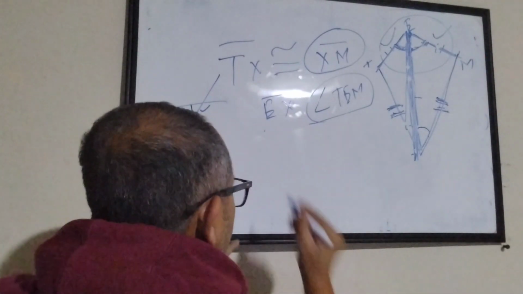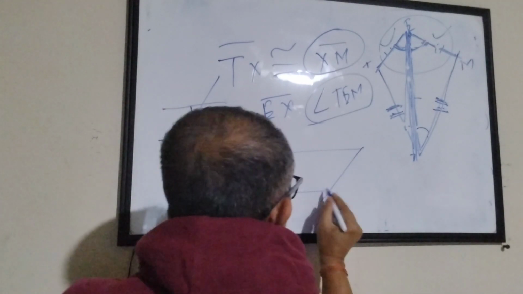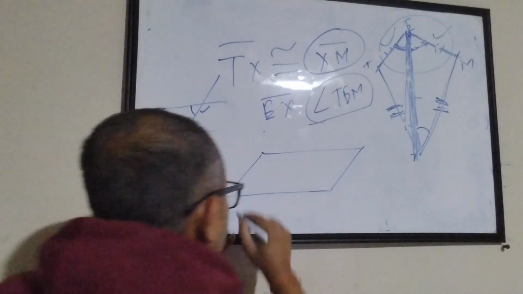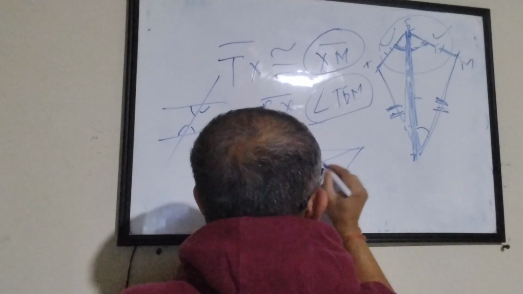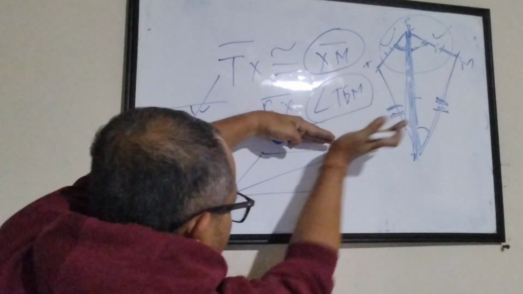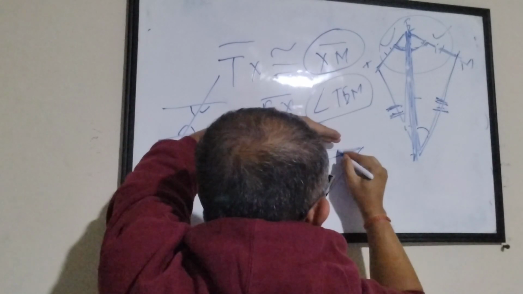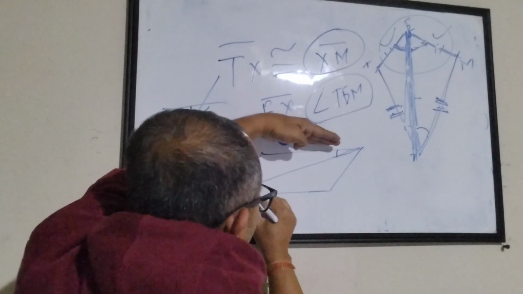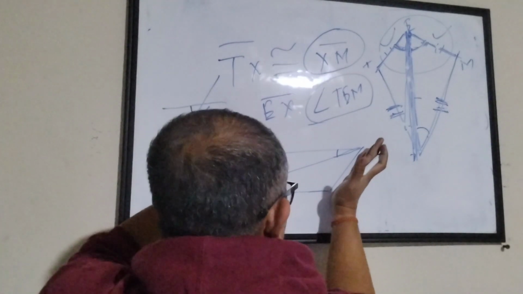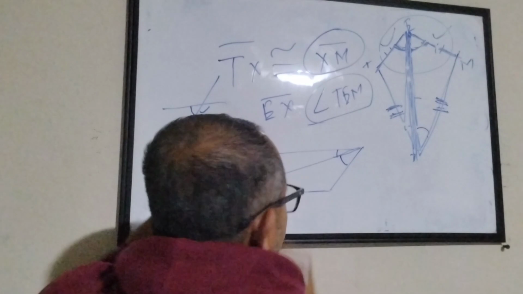You are just saying, okay, this is my parallelogram, meaning two pairs of parallel lines. If I am joining these two corners, it's like two parallel lines, this is my intersecting line. So if I am looking at these two parallel lines, this one and this one are my alternate interior angles. If I look at these two parallel lines and this is my intersecting line, then these two become my alternate interior angles.